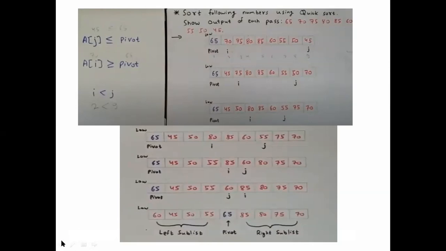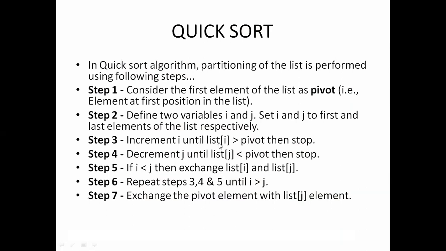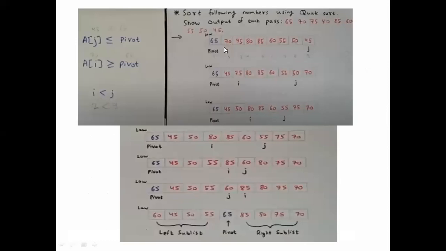Okay, if i is greater than pivot, the condition is correct, stop. And also decrement j, if j is less than pivot, stop. So i greater than pivot, stop. j less than pivot, stop. That is the data. So i, 70, is greater than pivot, stop.